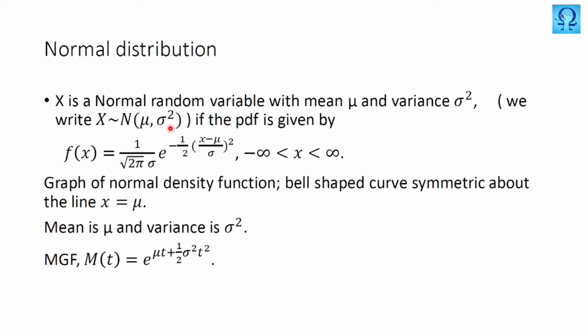Why? Because here we are dealing with some real-time situations where we don't know the type of the distribution that the population or the group is following. So we expect some average value, that is what the mean is, and we say that to a certain extent we accept the variance.